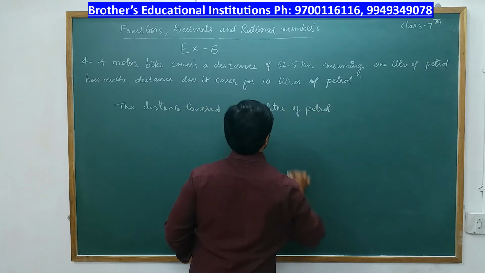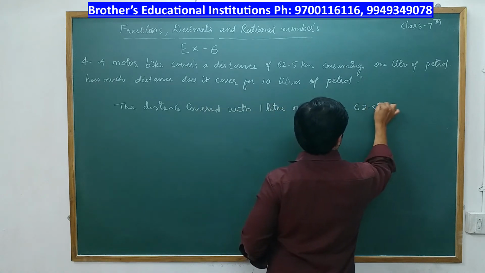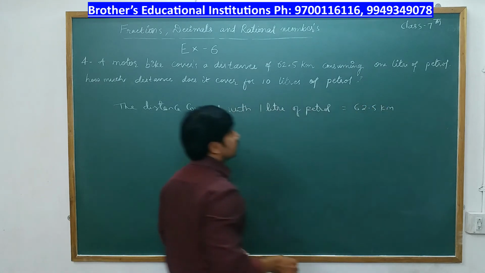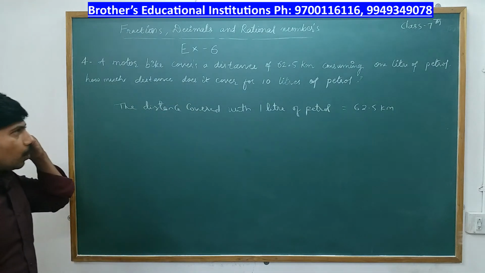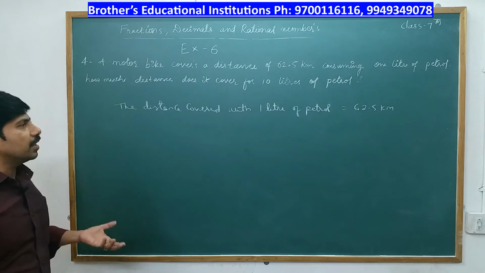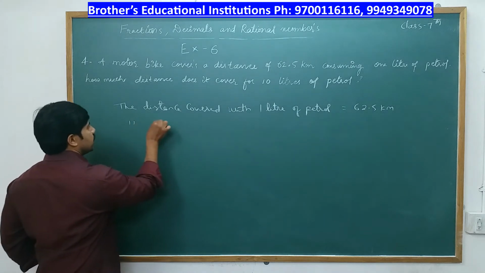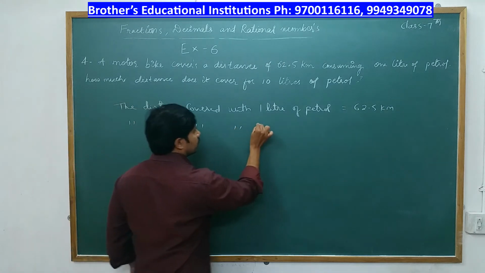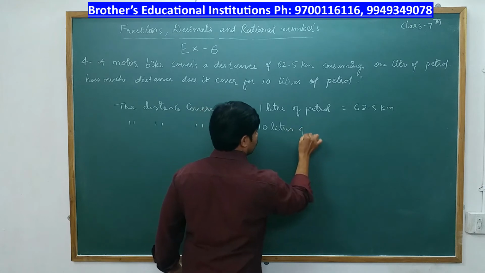The distance covered with 1 liter of petrol is 62.5 kilometers. Okay. Now we need to find how much distance he has traveled by using 10 liters of petrol. So the distance covered with 10 liters of petrol.